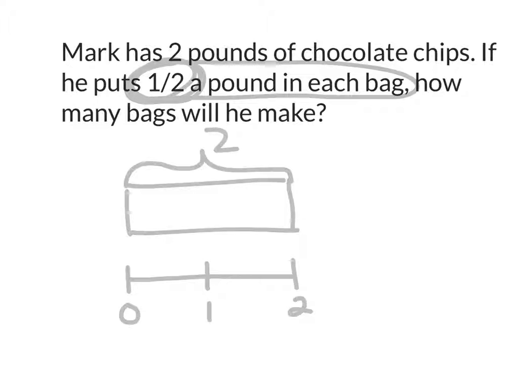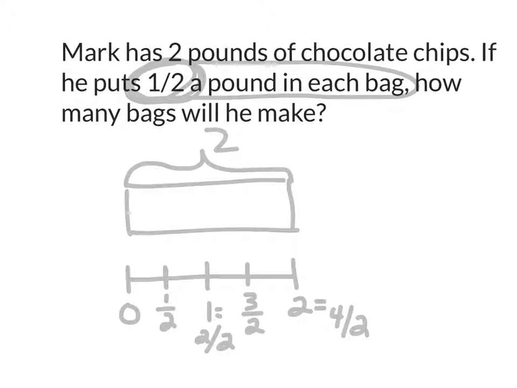If we look at our number line, about halfway between 0 and 1 would be 1/2. And we know that 1 actually equals 2 halves. And we know that 2 then would equal 4 halves. So about halfway between 1 and 2, we'd have 3 halves.